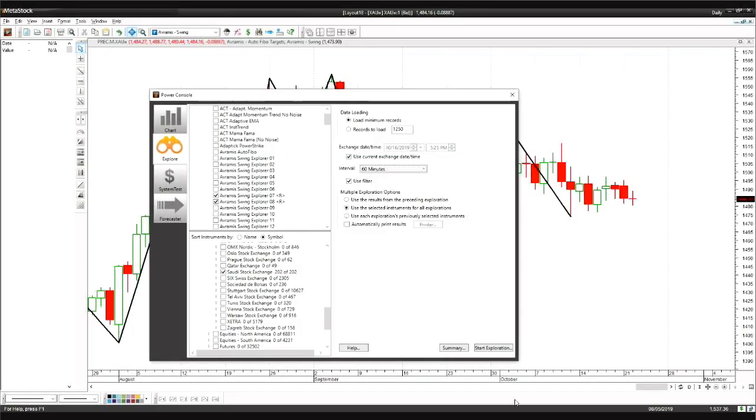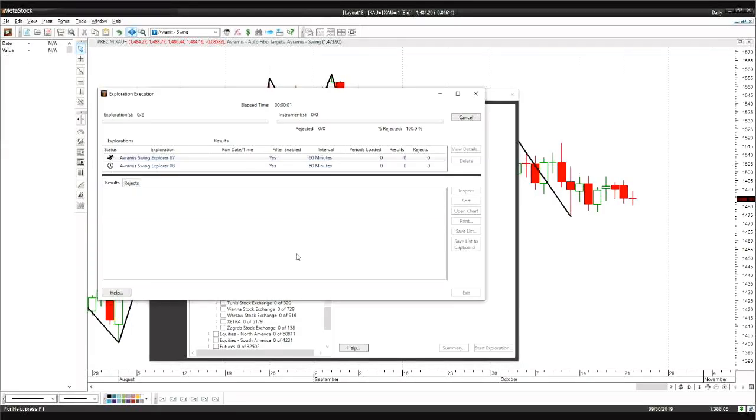So we can here run the exploration, and now we can see that MetaStock is scanning for pattern number 7 and pattern number 8. We are scanning now the 202 shares, and we will wait a little bit for the report to come out, and we will have our trades ready in no time.